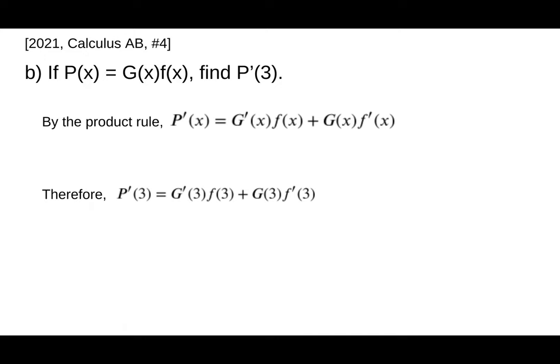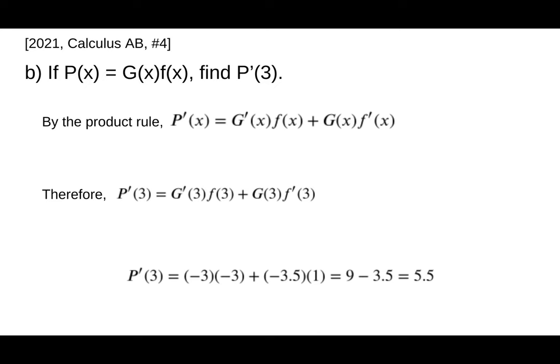In order to find g of 3, we need to find the value of the integral from 0 to 3 of f of t dt, and then the values for f of 3 and f prime of 3 we can get from the graph. But also notice that since g prime is f, g prime of 3 we get from the graph.